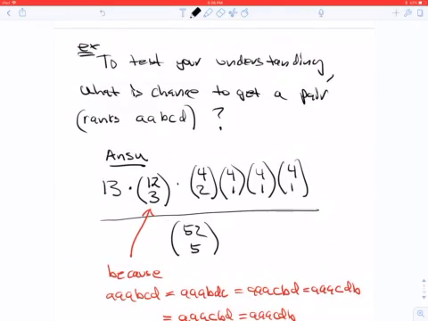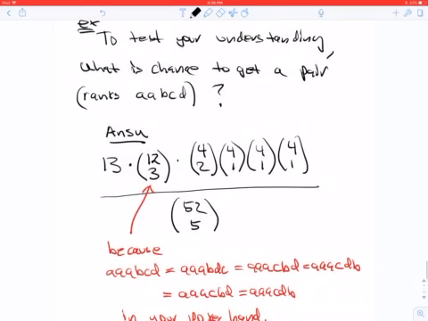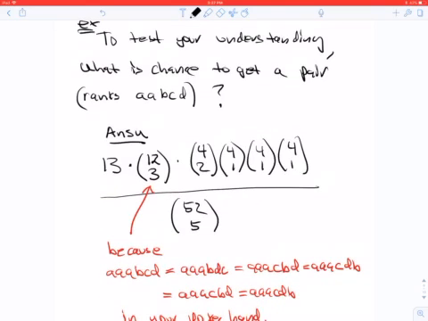Just to test your understanding, what's the chance to get a pair? So here, your poker hand has ranks A, B, C, and D, where A, B, C, and D are different. So here, there's 13 choices for A, but then we want 12 choose 3, right?